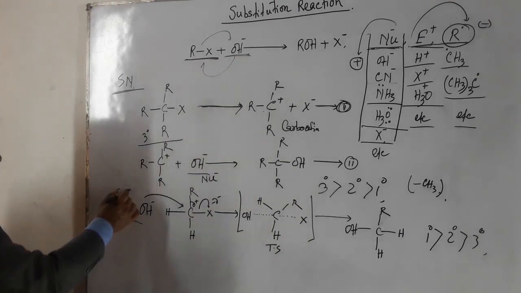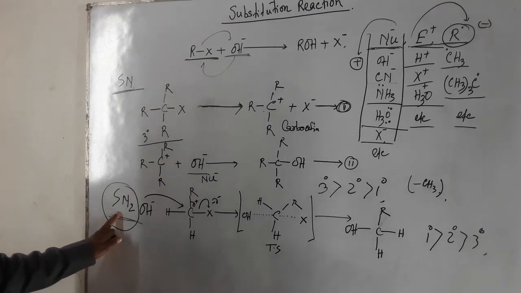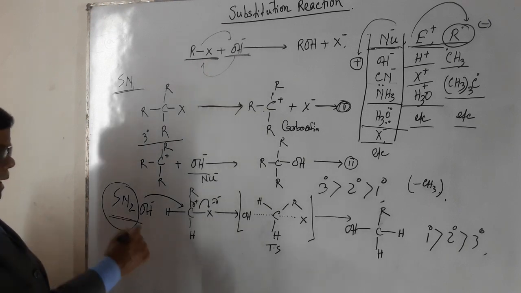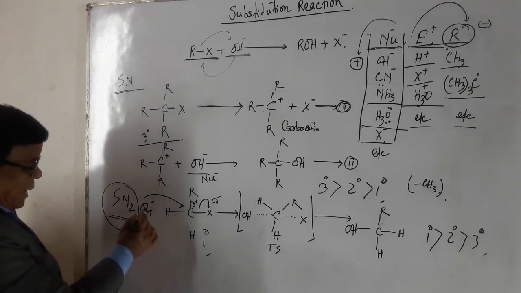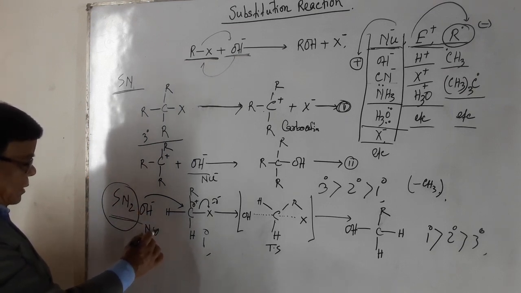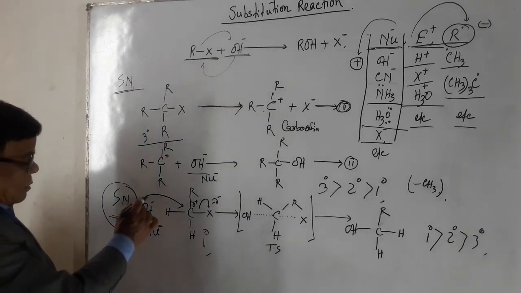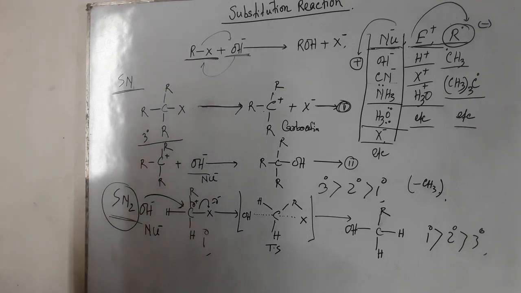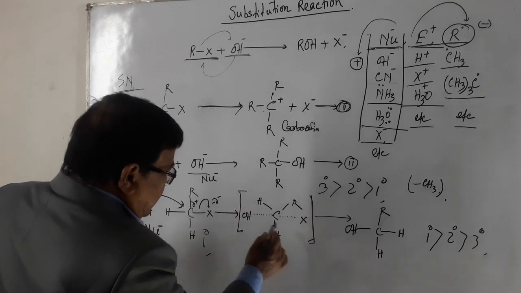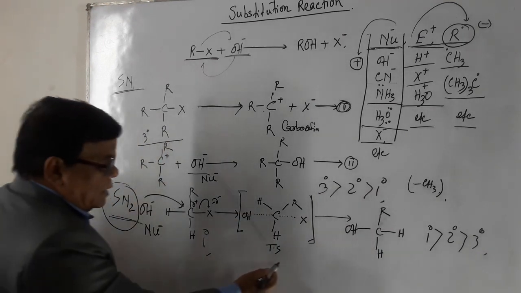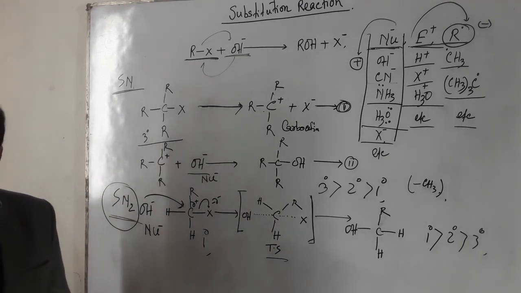Another is the bimolecular nucleophilic substitution reaction, that is Sn2, where a 1 degree alkyl halide is attacked by a nucleophilic reagent from the backside, then it forms a transition state, where the carbon is pentavalent, which is impossible.